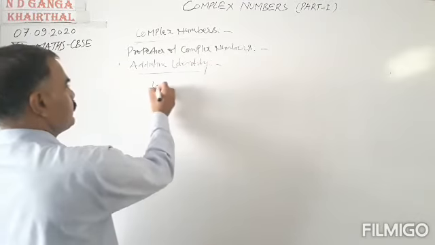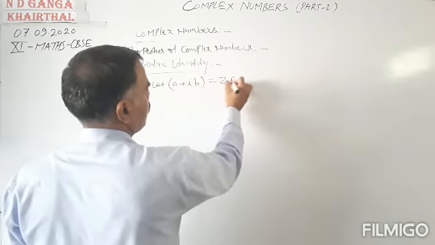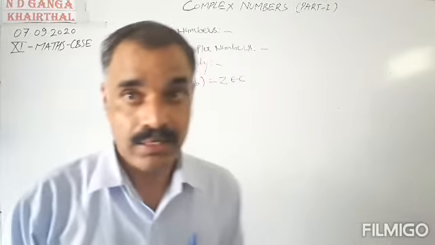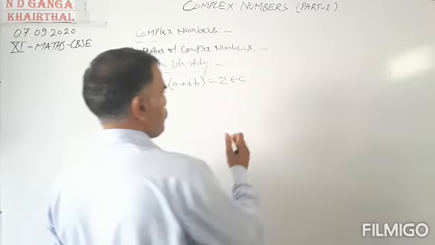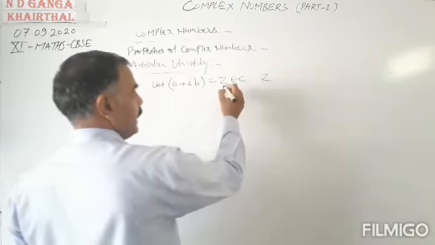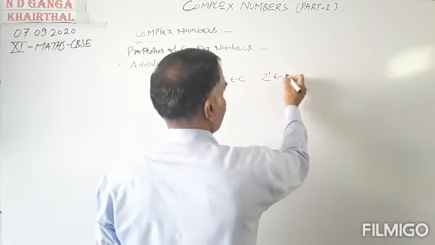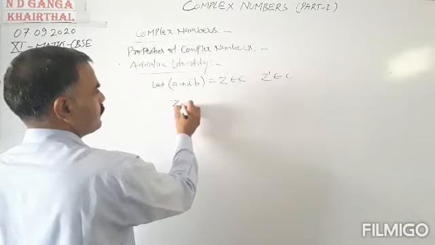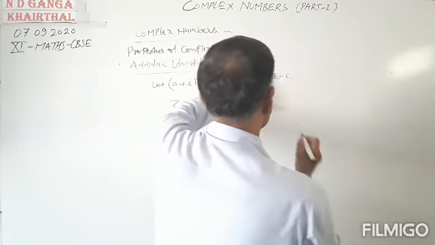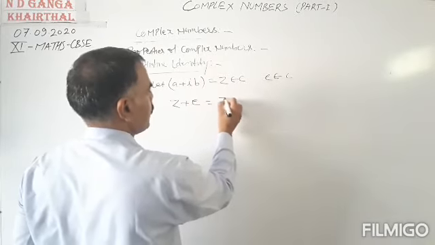Let a plus iota b be any complex number, and let e be another complex number such that z plus e is equal to z.